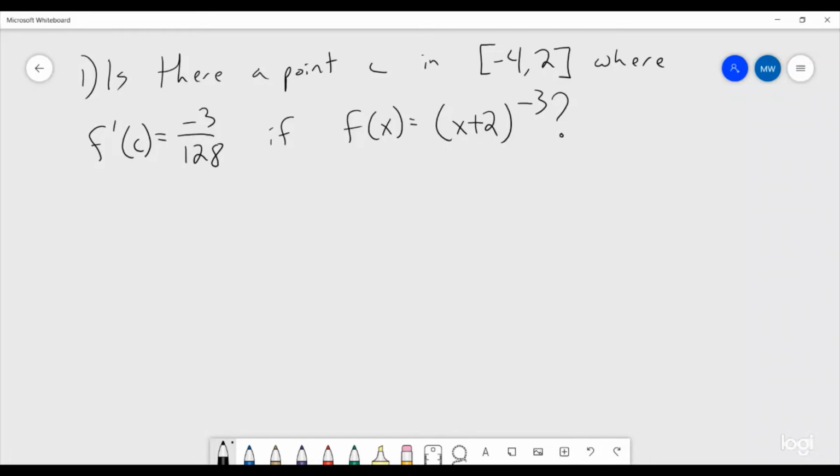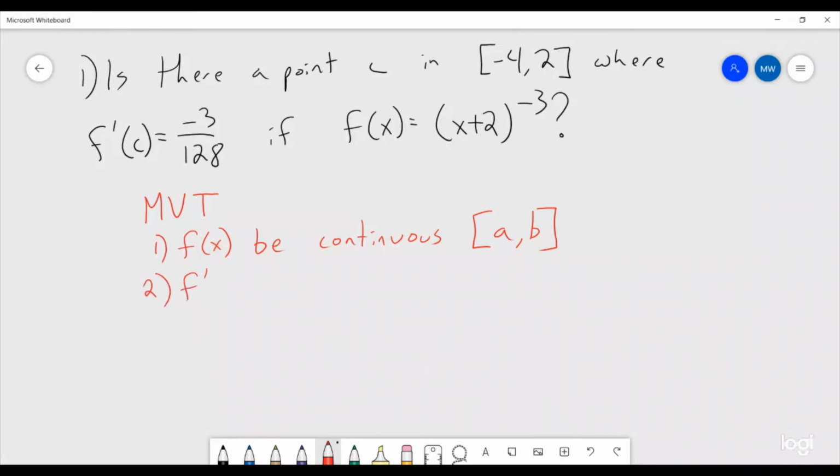So let's first see what conditions need to be met in order for the mean value theorem to apply. Remember, the mean value theorem has a couple conditions. First, we need f of x to be continuous on the interval a to b.